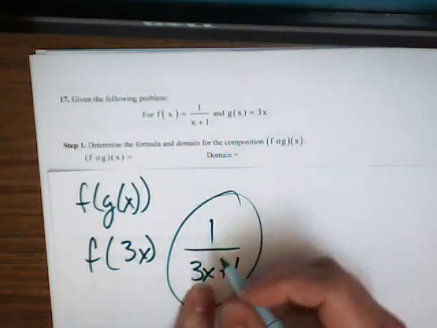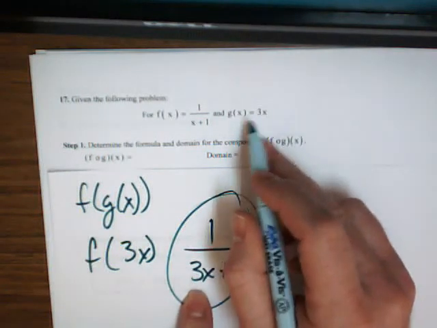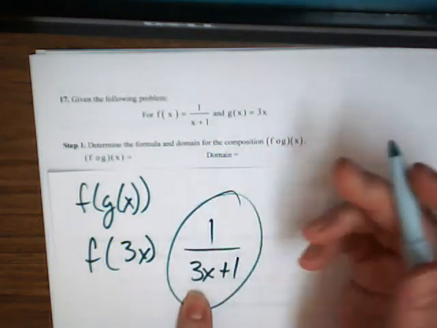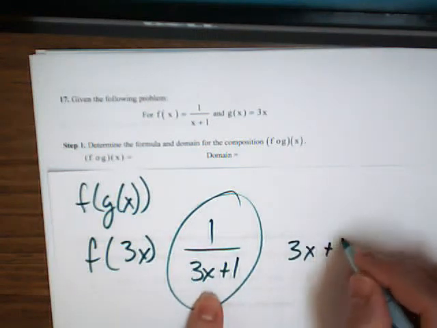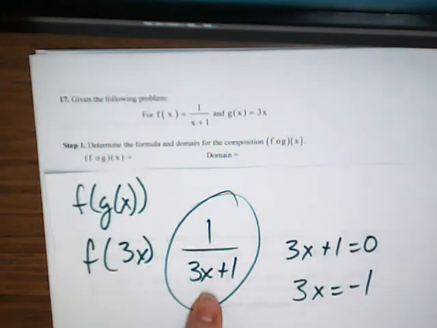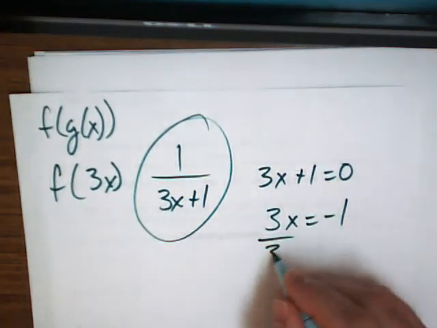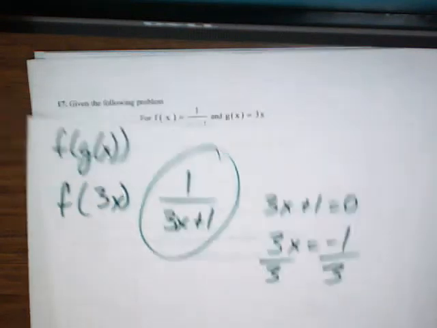So here's the idea: what number would you put into g of x to give you -1? In a sense, you just take the bottom and set it equal to 0. Where would 3x be equal to -1? At -1/3. So the domain of this composite would be all real numbers except -1/3.